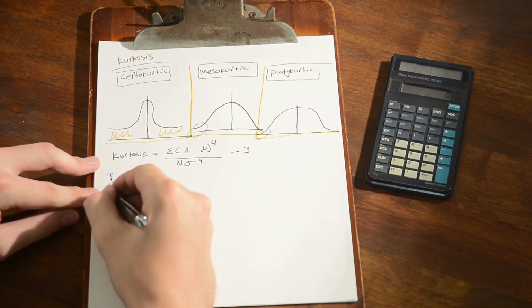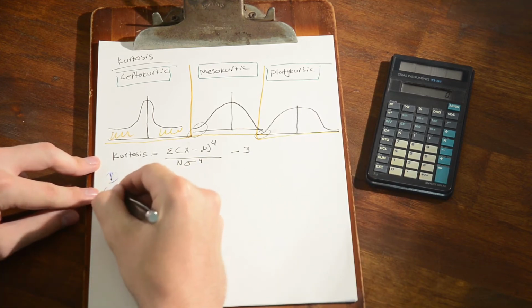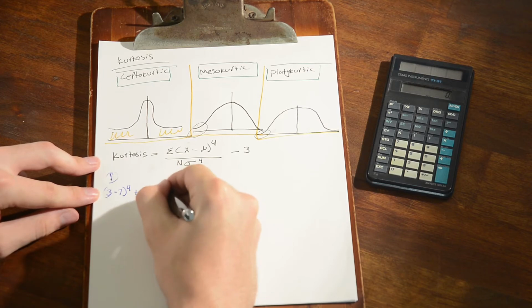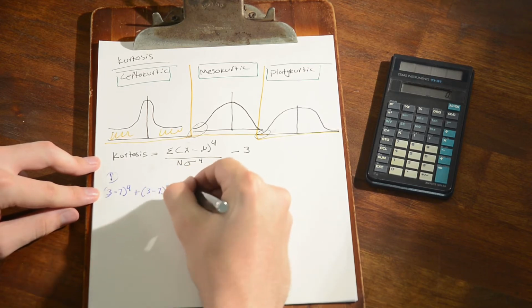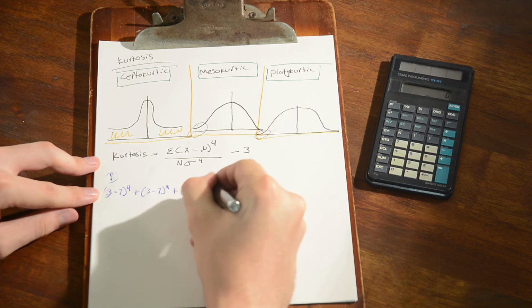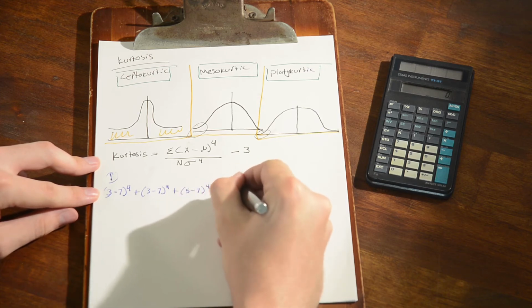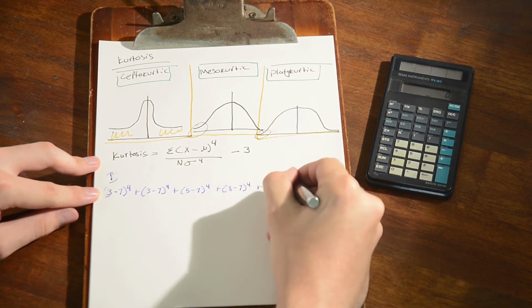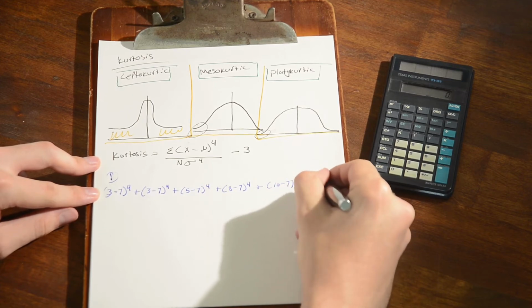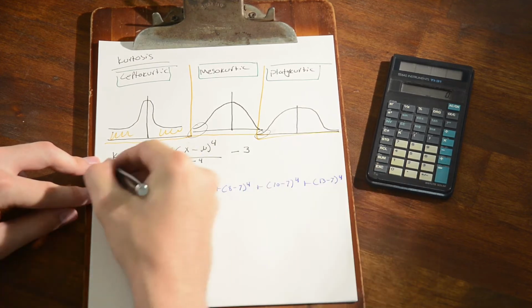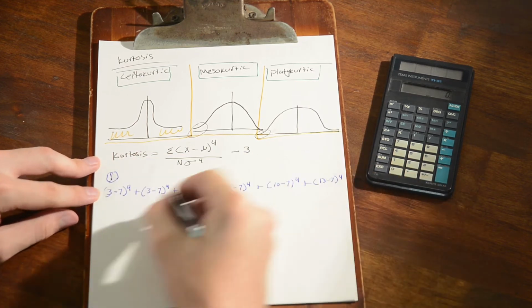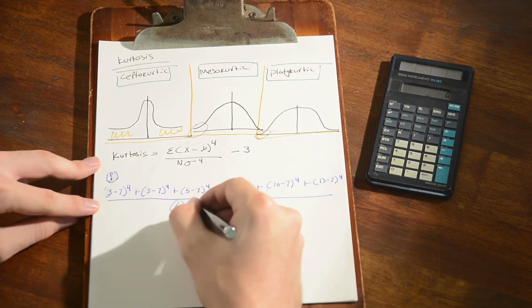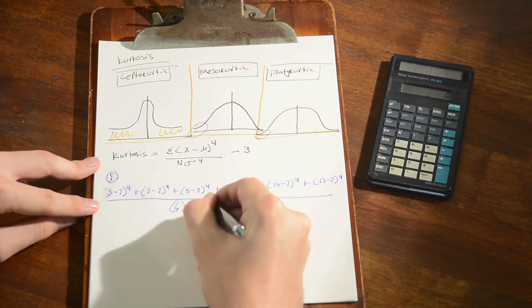So we're going to have 3 minus 7 to the fourth plus 3 minus 7 to the fourth plus 5 minus 7 to the fourth plus 8 minus 7 to the fourth plus 10 minus 7 to the fourth plus 13 minus 7 to the fourth. And all of this is over 6, because we had 6 values, times 3.7 to the fourth.